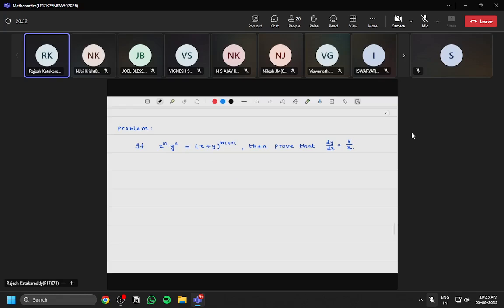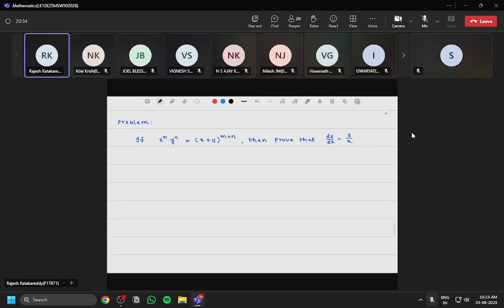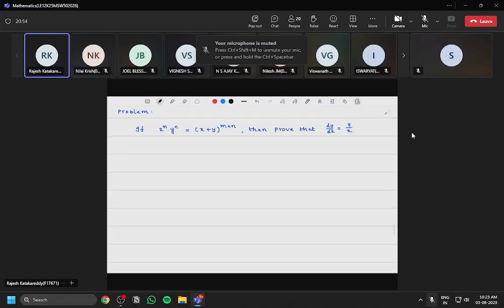So there is another problem here. Again, we need to use logarithmic differentiation to show that dy by dx is equal to y by x. They are asking, if I take log on both sides, what will I get? I will get m into log x plus n log y is equal to m plus n into log of x plus y.